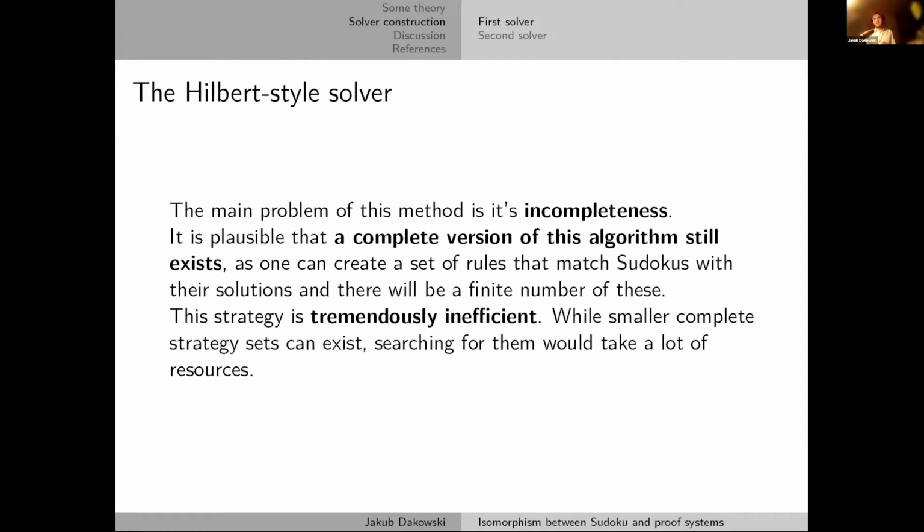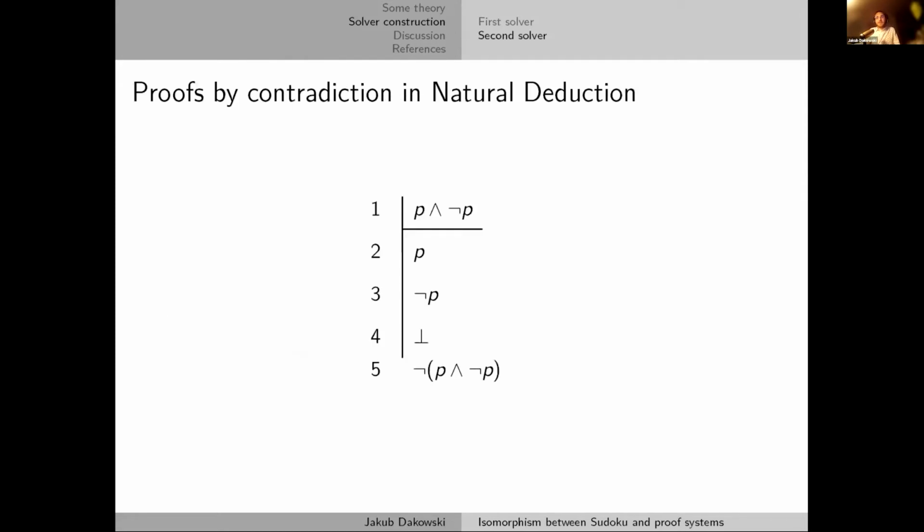You can basically create a rule for every Sudoku solution and just match them. And this will be a complete set of these rules, but this is tremendously inefficient. Searching for smaller sets of proofs is also tremendously inefficient because it would still need a lot of resources and computing power. So I've taken another tool from the proof theoretic toolbox called proof by contradiction from natural deduction.